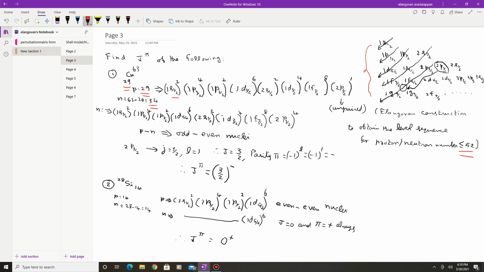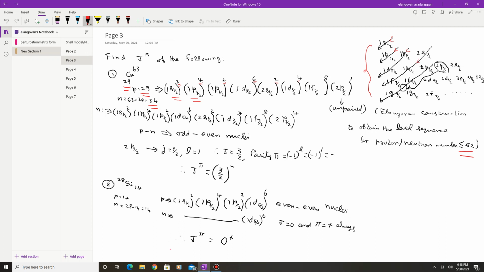1s is the first term, 1p3/2 is the second term. So the total number is 2 here, 4 here, 2 here, 1d5/2 is 6, and 2s1/2 is 2, 1d3/2 is 4. So you move along the direction of the arrow, first here, then here, then here, and you fill the levels.